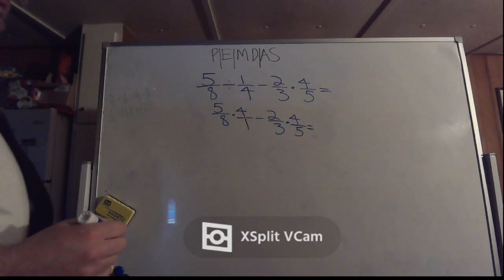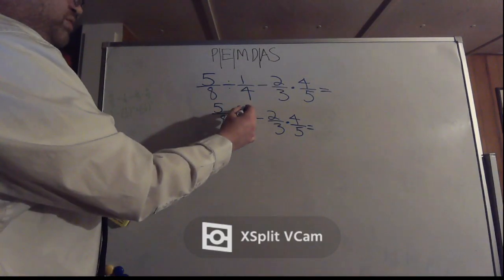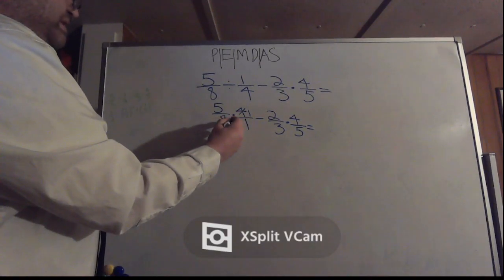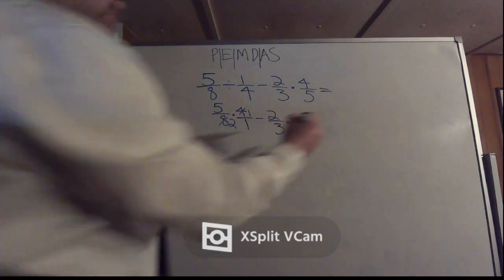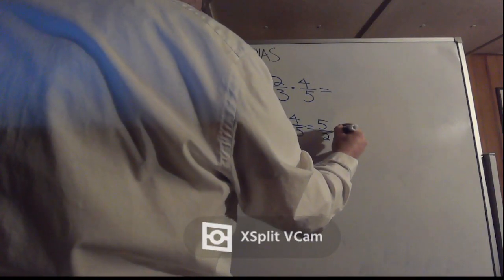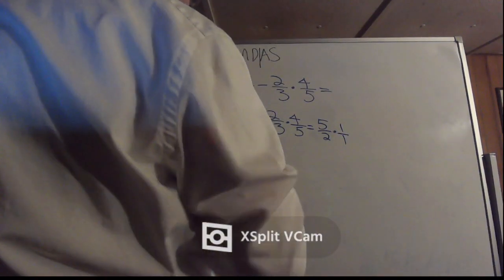Well, we can clearly see that the 4 is a factor of 8, so if you divide 4 by 4, you'll get 1. Divide 8 by 4, you'll get 2. So what you are left with here is 5/2 times 1 over 1. Let me write the 2 a little bit bigger.